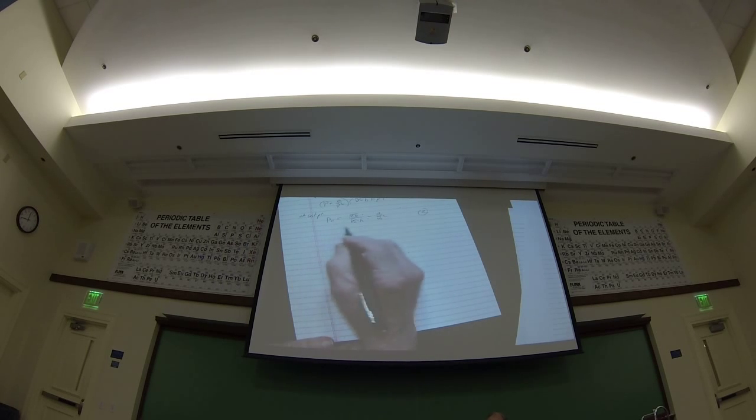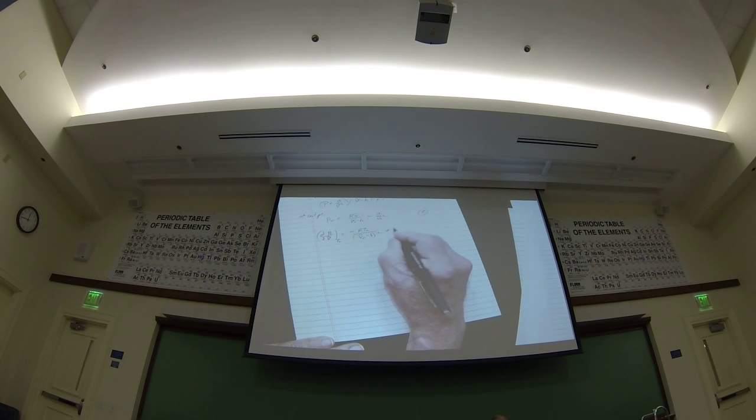Then we're going to differentiate it, because the first derivative at the critical point is equal to minus RTC over VC minus b squared, plus 2a over VC cubed, and that is equal to 0.